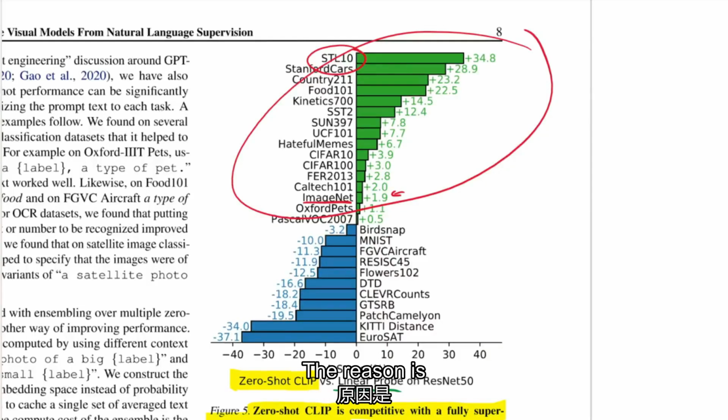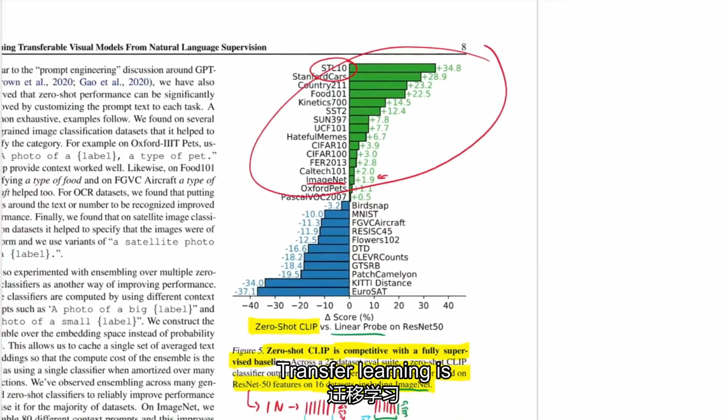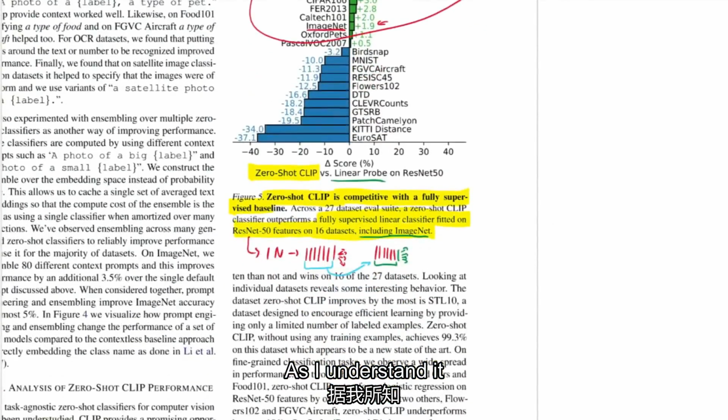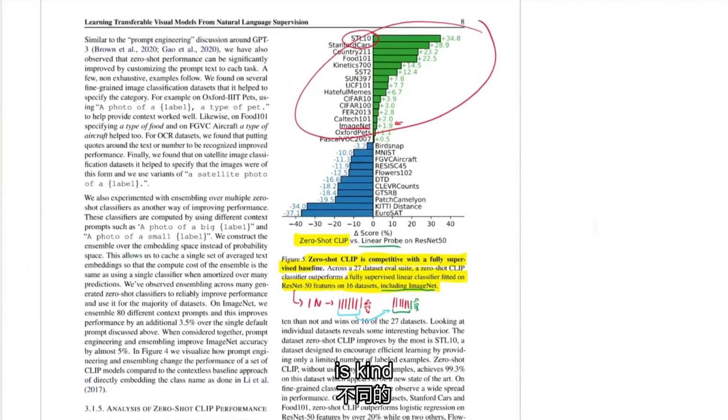The reason is this STL10 dataset has very few training examples per class only. So supervised is very difficult. Transfer learning is kind of difficult. As I understand it, it's not that similar to ImageNet, so transfer learning is kind of different.